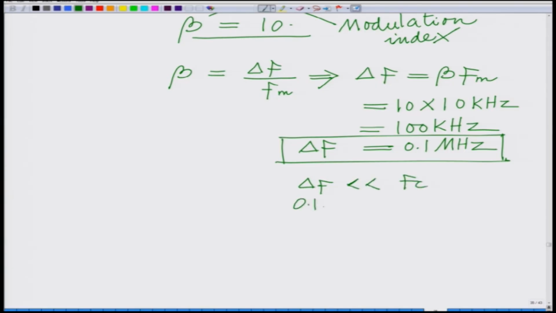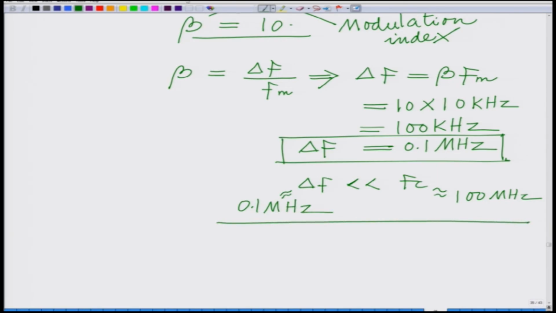The frequency deviation is typically much smaller than the carrier frequency for a frequency modulated signal.